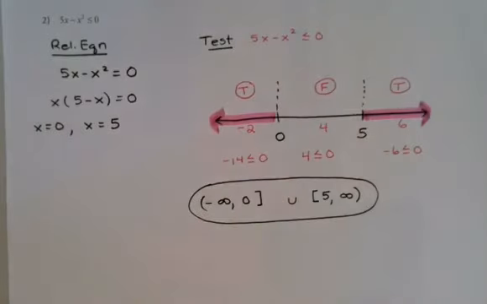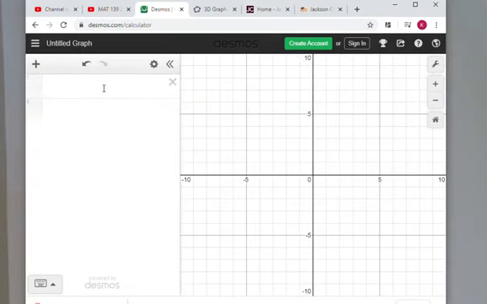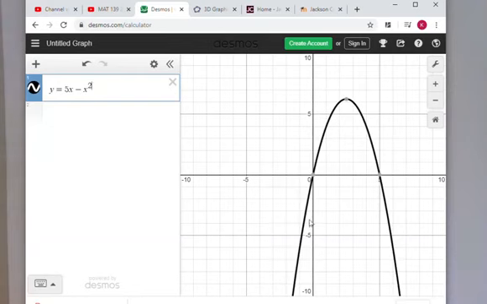If I were to check this one out using a graph, I've got 5x minus x squared. There's my parabola. I could put in y equals 0 if I wanted to, but notice I don't really need to because the x-intercepts are already identifiable without even doing that. So there's the 0 and the 5 that we found.